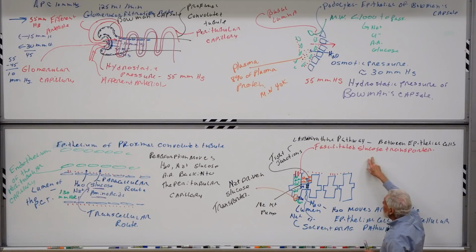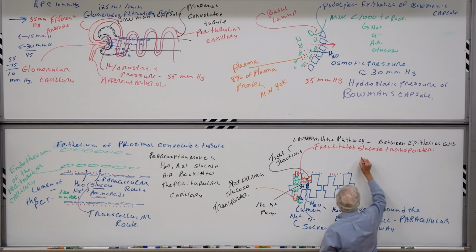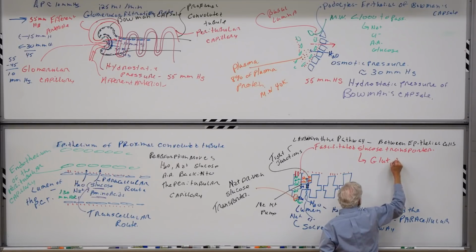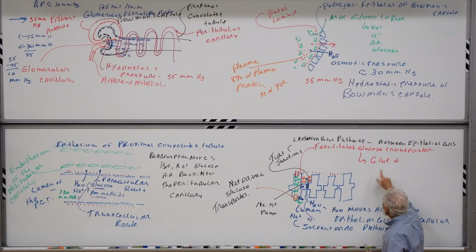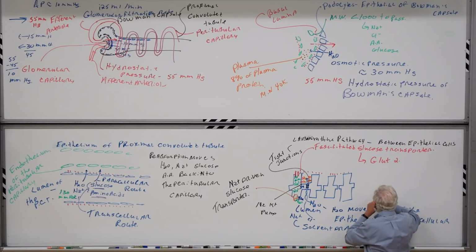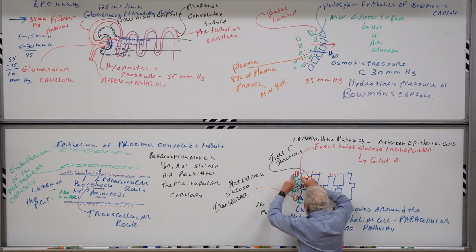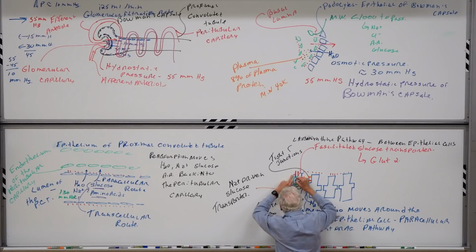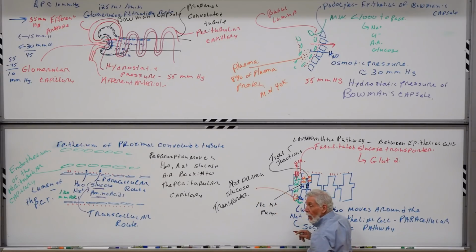Now, the facilitated glucose transporter, which I need to name, and I didn't in the first section, is called GLUT2. It is basically a gigantic transmembrane protein which allows glucose to pass right through down its concentration gradient. So as we begin to accumulate glucose in the cytoplasm here, we now will get a gradient.